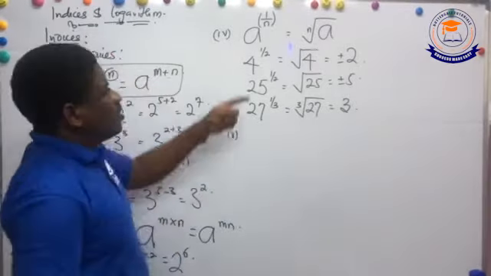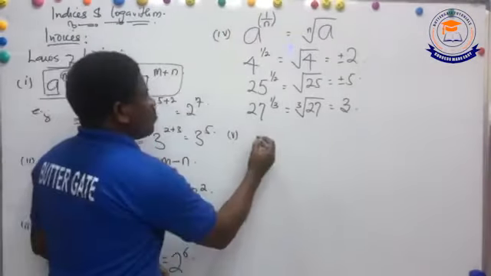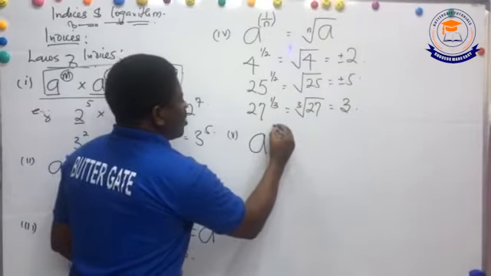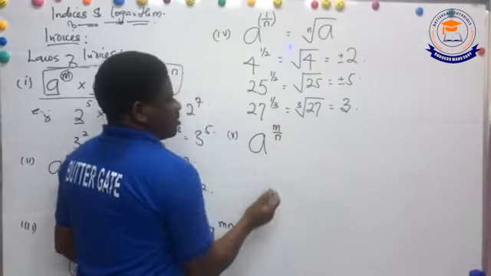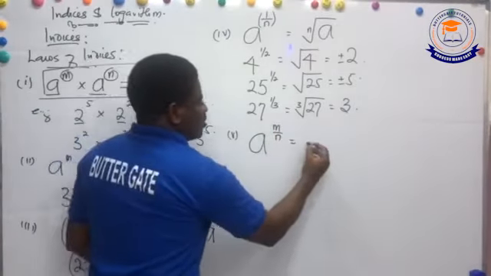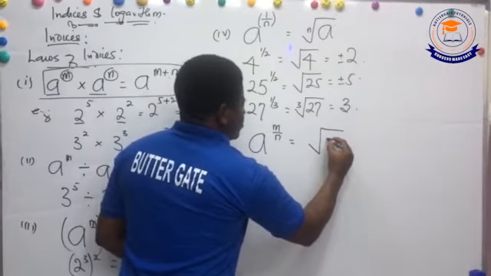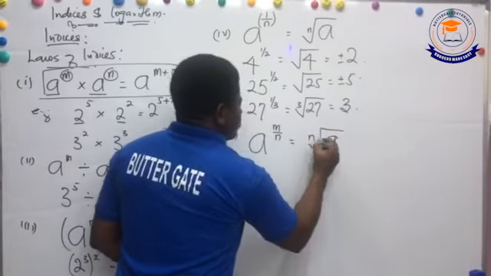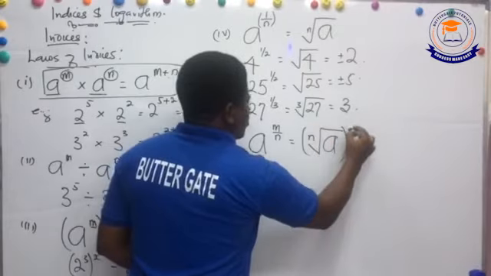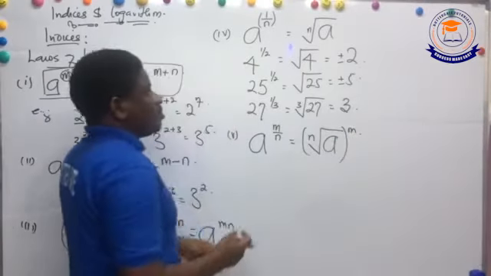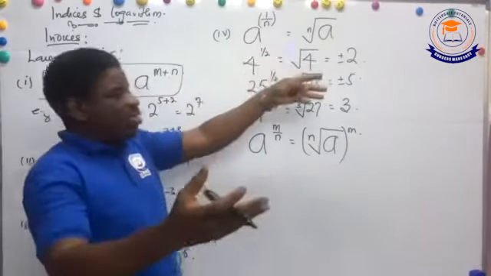Then the fifth law, which is a little similar to this: if you say a raised to the power of m over n, of course, this is going to be what? The nth root raised to the power of what? M. So this is just like n power.